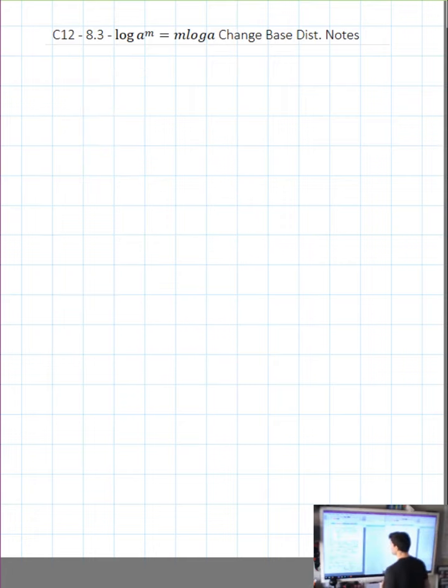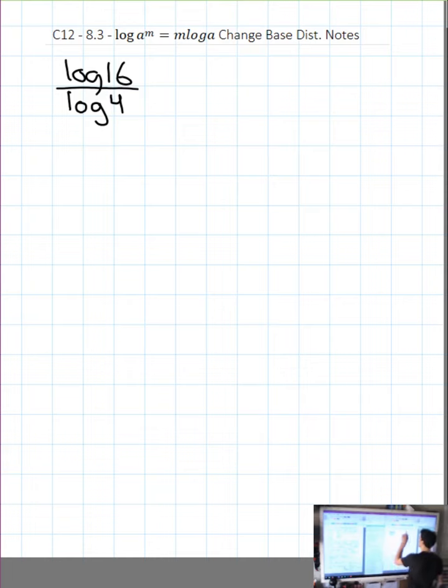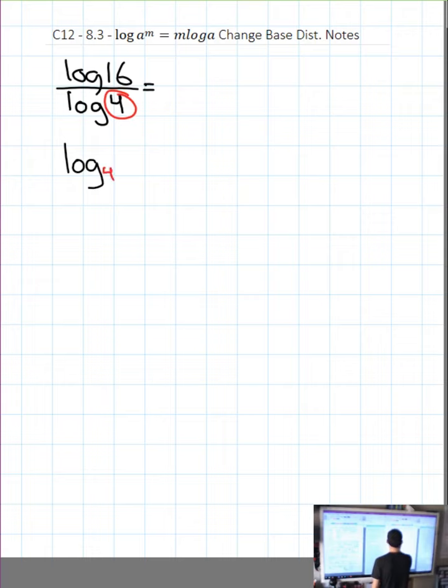So let's briefly go through the change of base rule. If I have log 16 over log 4, well, on our formula sheet, I have a rule that says if I have this picture, I can simply turn it into log base 4 of 16. The 4 stays as my base, and the 16 is the thing that I'm logging.